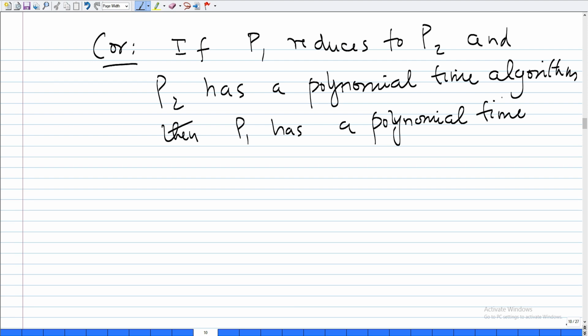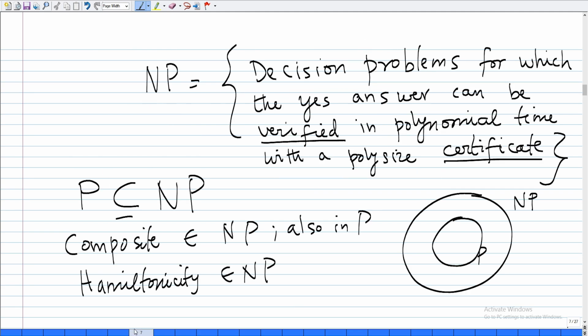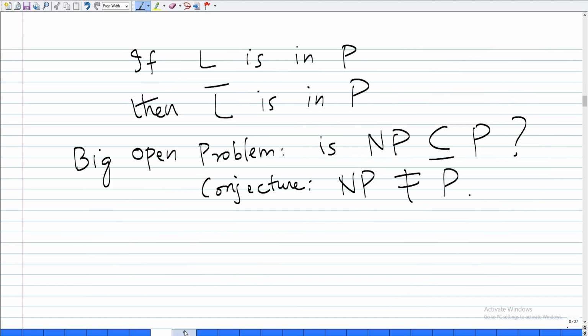Now we want to define some notion of hard problems in NP. Here is this picture where P is sitting inside NP, and I want to somehow capture some problems here which are hard in NP, and these are problems for which every problem in NP reduces to this.